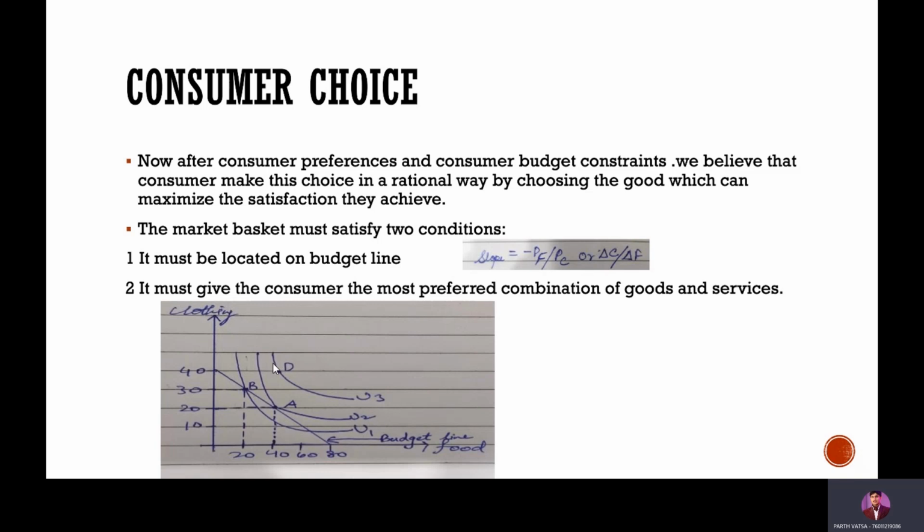And market basket D is totally out of context because it is neither on the budget line, and also the level of income which I would need to purchase that market basket D would be really high. So that's why that is out of my reach, and for the time being, I would keep that market basket aside, irrespective of the higher amount of utility it gives to me.